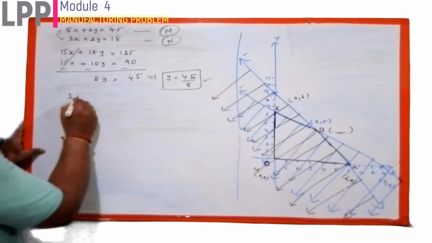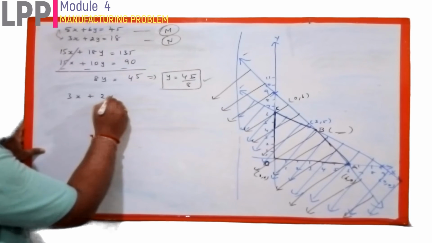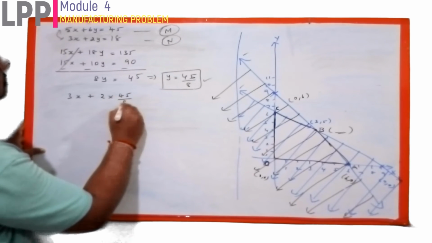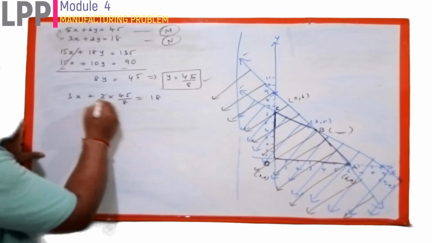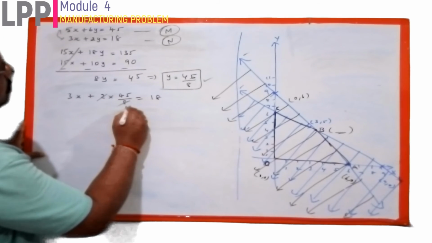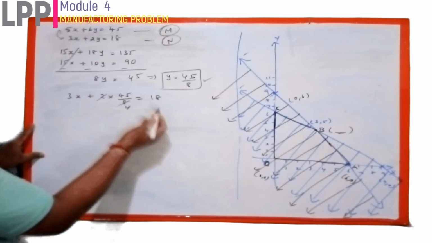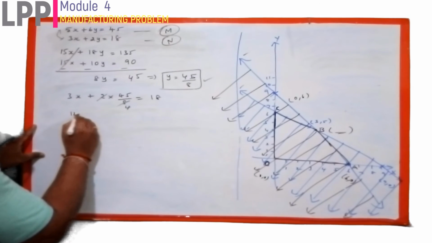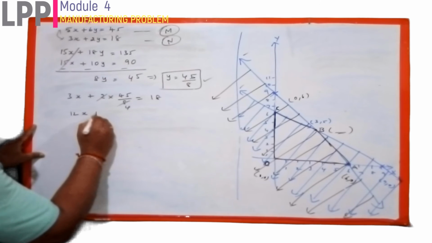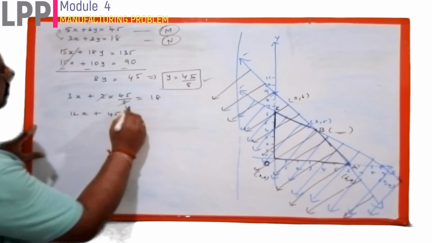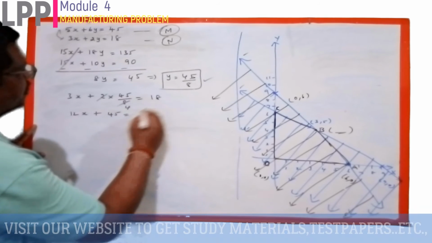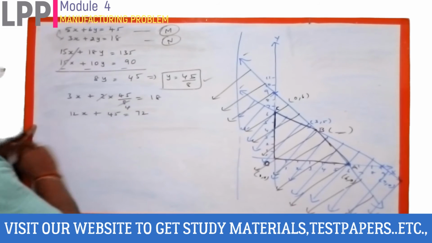I take the second equation, 3x plus 2 into 45 by 8, is equal to 18. We see 2 and 8 are common here, 4 2s. Now I multiply both sides with 4, it becomes 4 3s are 12, 12x plus 45, as the 4 will be cancelled. Here when we multiply 18 with 4, we get 72.